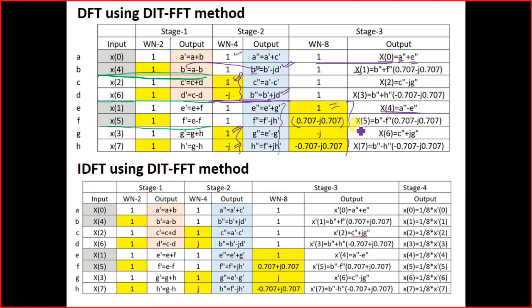Similarly over here, x5 is b double dash minus f double dash multiplied by the twiddle factor. Can you see? I have to just change the signs. Similarly over here also, x2 is c double dash minus j g double dash, right? And here only the sign changes. Similarly in x3 and x7.